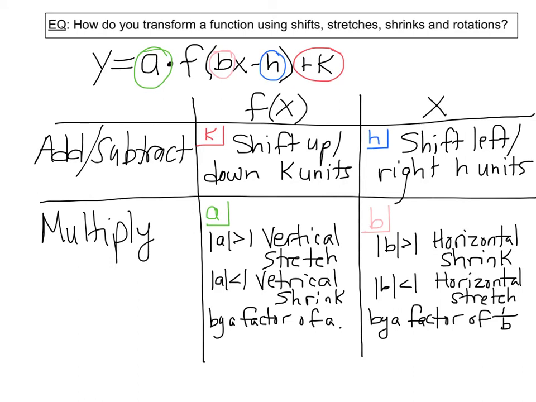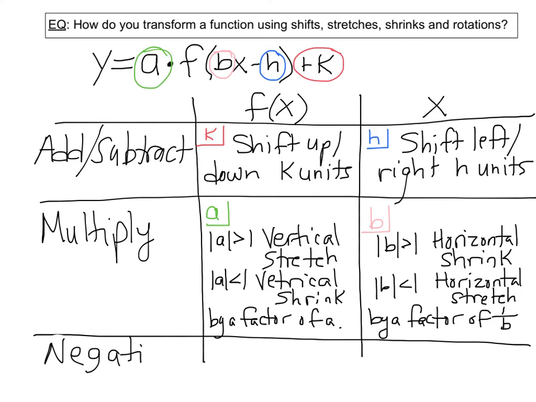And then the last thing we want to look at is what happens when we take the negative. What happens when we have a negative f of x? So again, this is a.